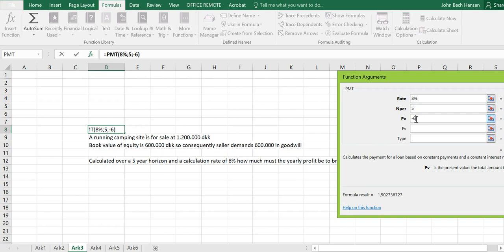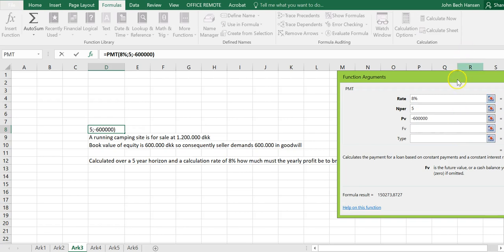If it's cash out, it's a minus, and if it's cash in, it's a plus. So if we make it all minus or all plus, very often you'll see that Excel has difficulties in calculating that. So the present value is a minus of 600,000 that we will pay.